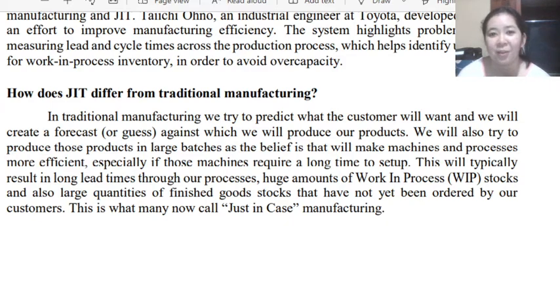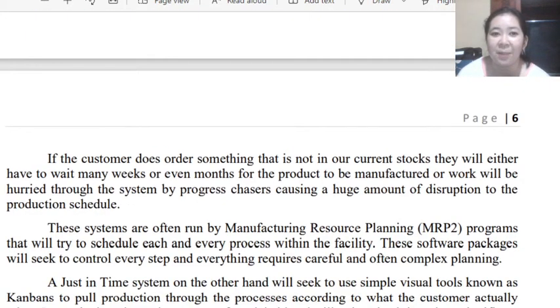Just in case a customer orders something that is not in our current stocks, they will either have to wait many weeks or even months for the products to be manufactured. And it will be hurried through the system by progress chasers, causing a huge amount of disruption in the production schedule.